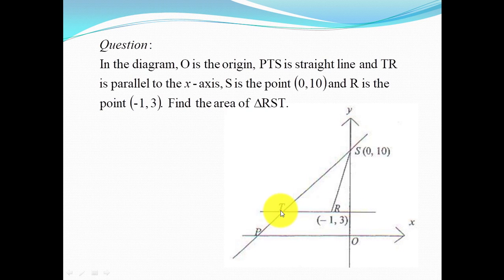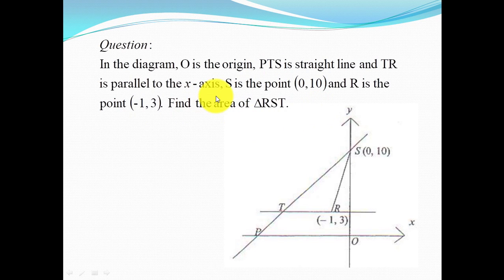Since it is clear from the figure that T also lies on this line, which is parallel to the x-axis, the y component of T is also 3. And now we have to find the x component of T. Why do we need the components of T?